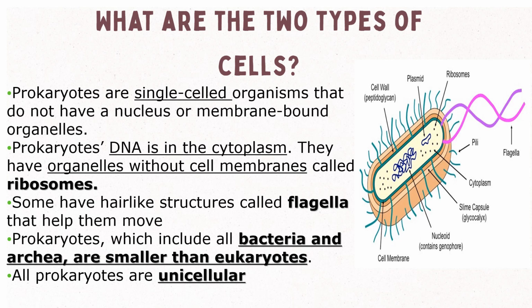We have two types of cells. The first is called prokaryotes, and the second is called eukaryotes. Now we'll talk about prokaryotes. Prokaryotes are single-cell organisms, called unicellular.